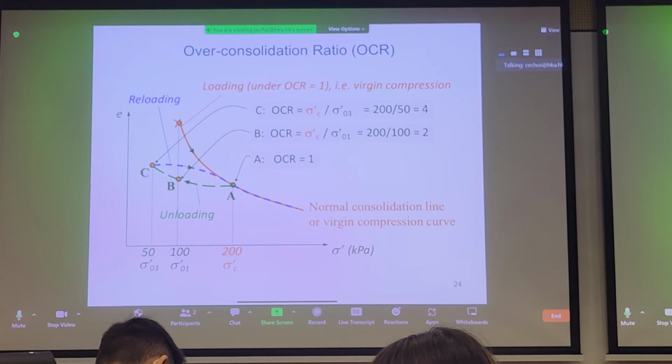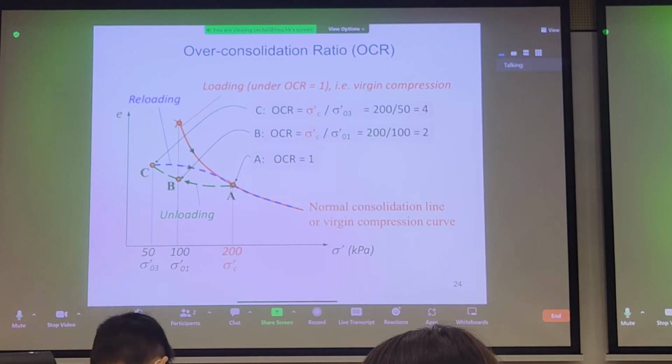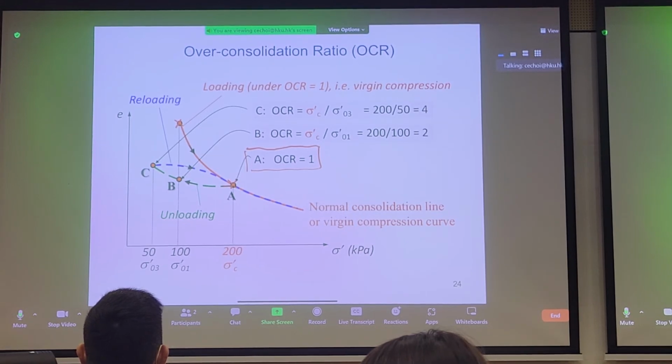It's about 100 kPa if you go down to the x-axis, and we load the soil to 200 kPa, and subscript C means this is our pre-consolidation pressure. If you unload the soil, at point A, this would be the maximum pressure your soil's ever experienced. Okay, so that's your pre-consolidation pressure. So that's why OCR is 1.